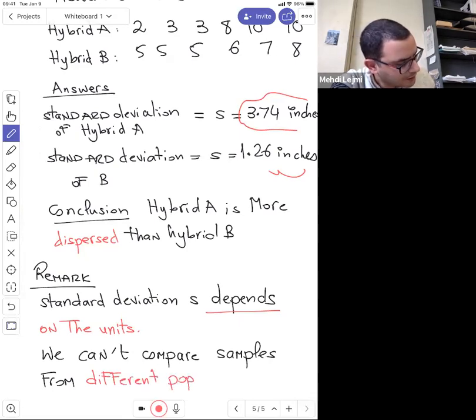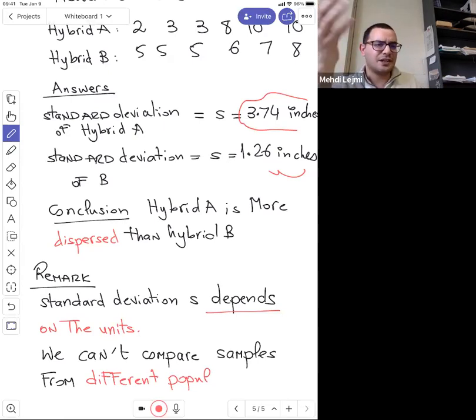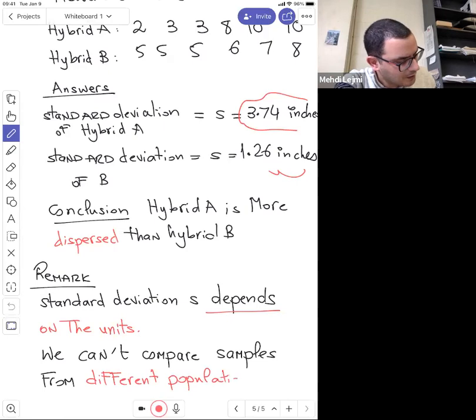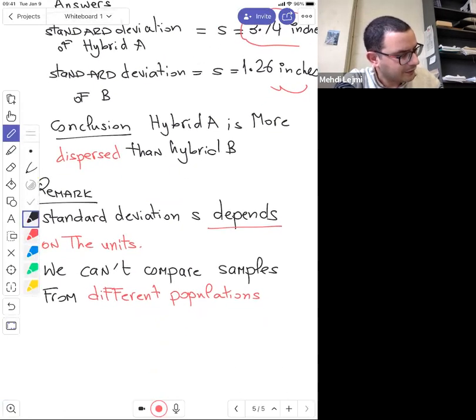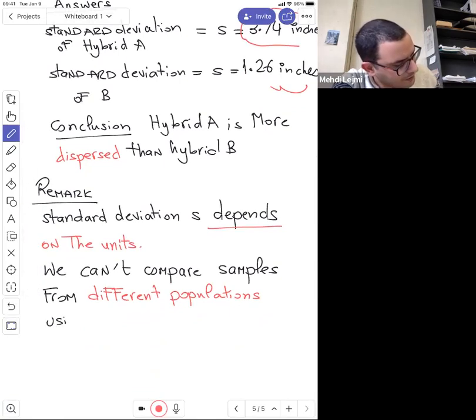In other words, if you use two different units in the two samples, then you cannot really compare the standard deviations. You cannot say the first standard deviation is larger or smaller, because you're using two different units, okay? So from different populations, because we are using different units.